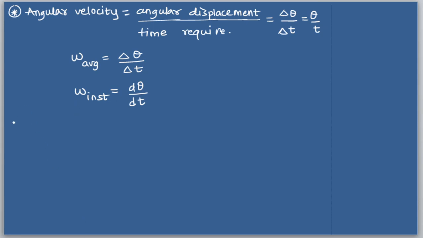The next thing is angular acceleration. What is the formula and the definition for angular acceleration? Let's write angular acceleration. Angular acceleration is change in angular velocity upon time required, or rate of change of angular velocity.